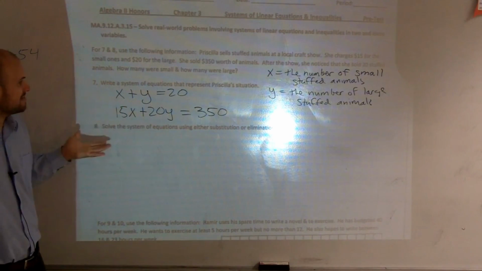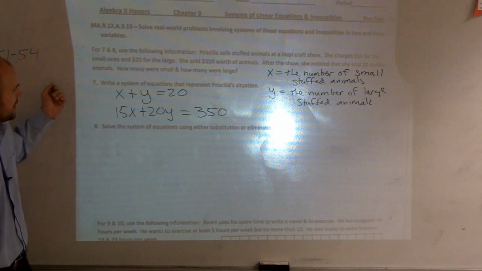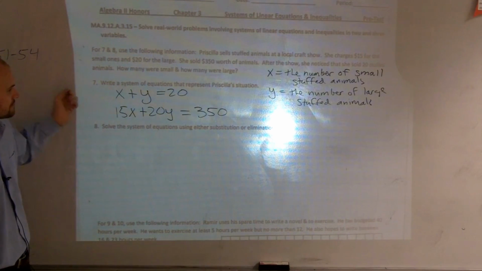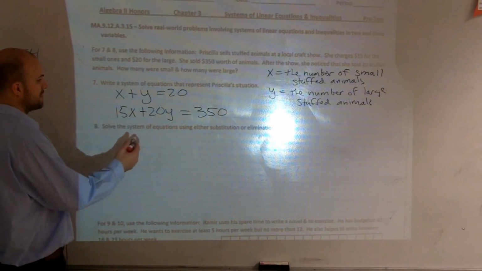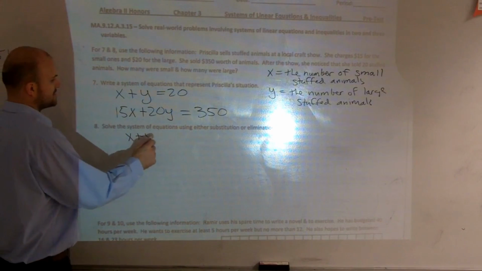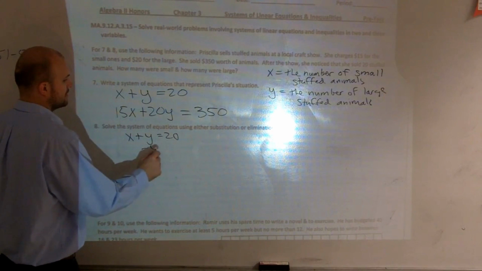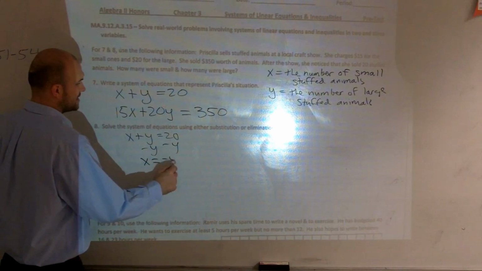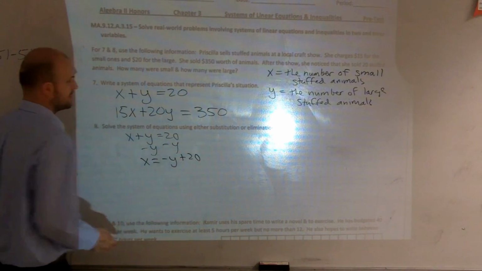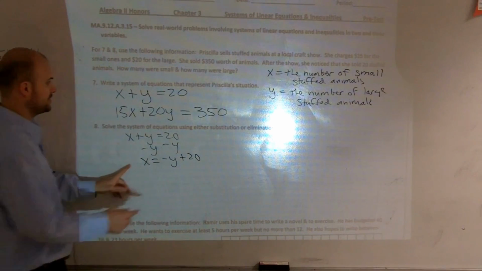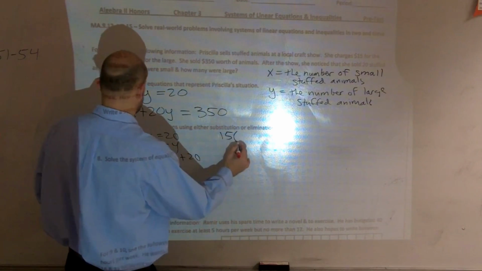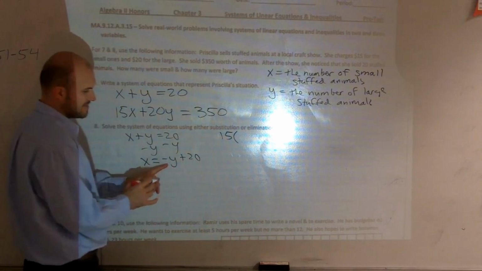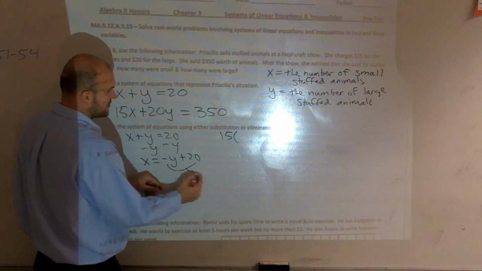It doesn't matter which one you substitute for. Let's solve for x. So x plus y equals 20. Solving, I get x equals negative y plus 20. Now let's plug that into the other equation. So 15 times, instead of x, I'm now going to substitute in this value.